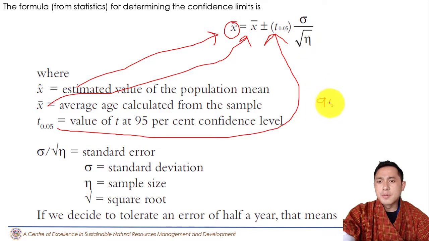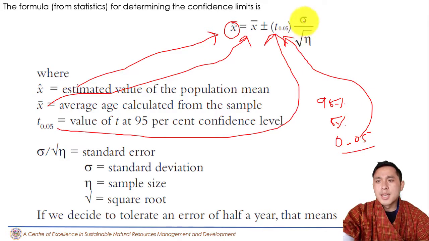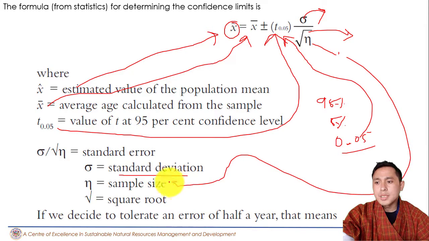95% confidence interval means you have just 5% to be not confident. In other words, 5 divided by 100 is basically 0.05. This sigma is nothing but the standard deviation, this is the square root, and this is the sample size.